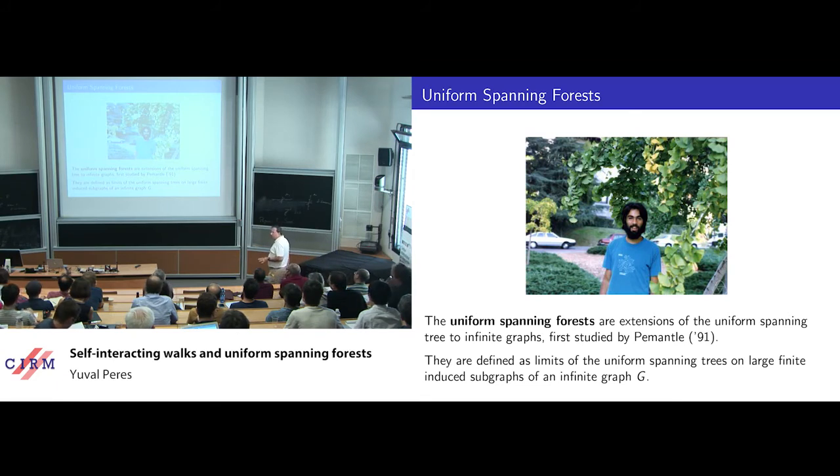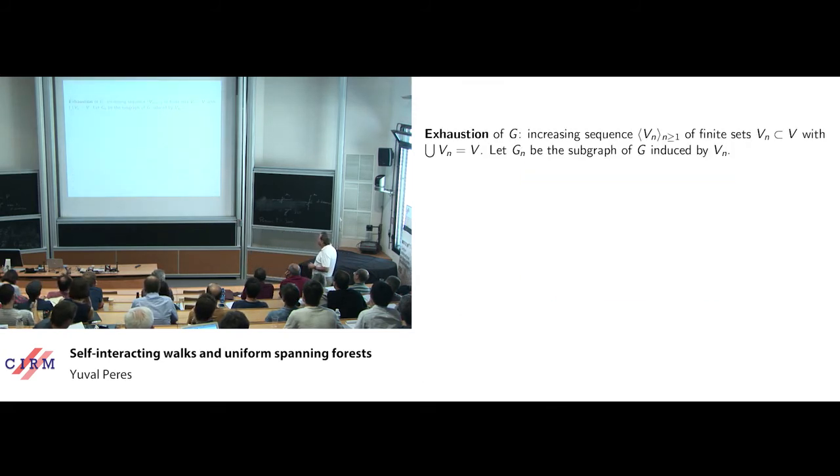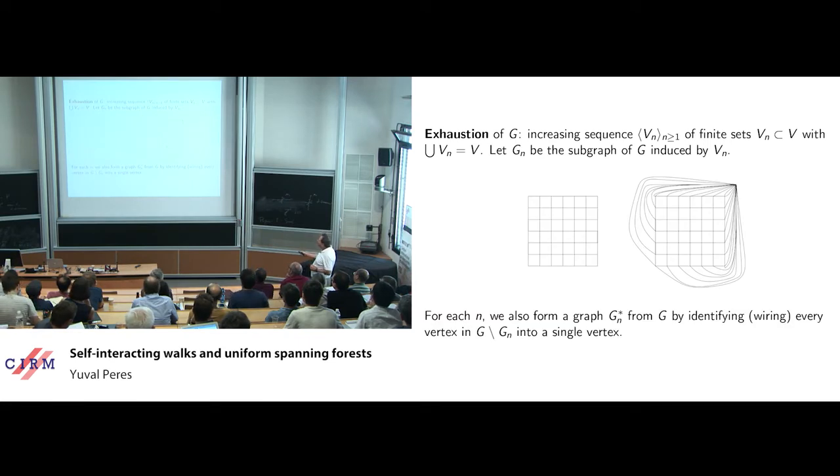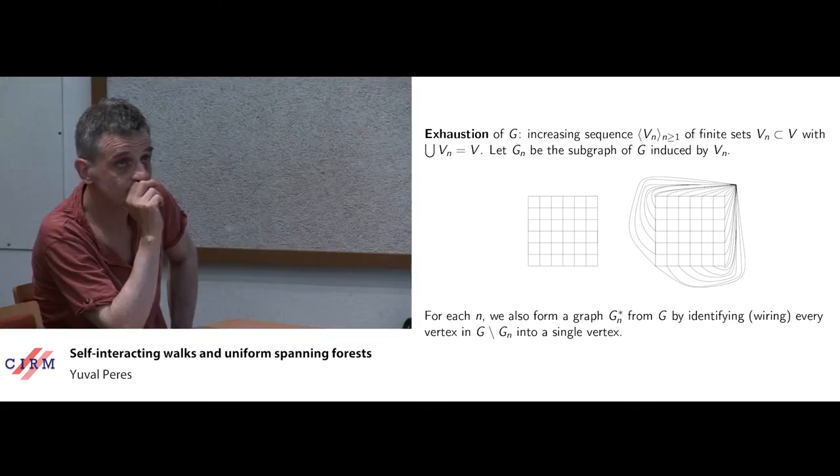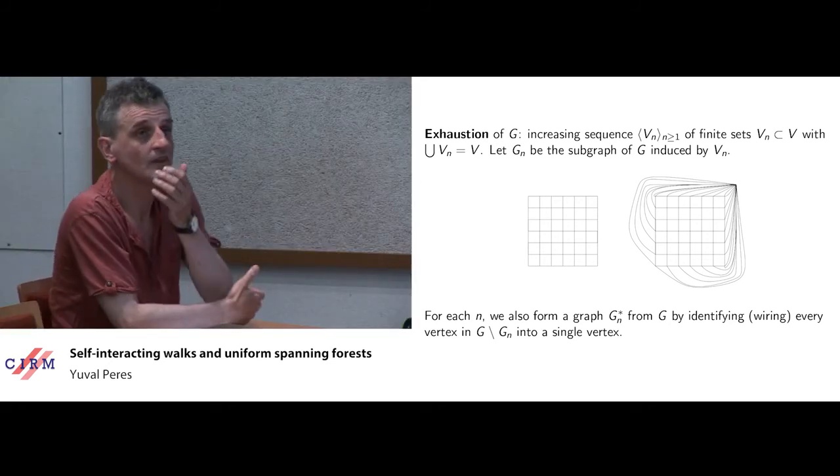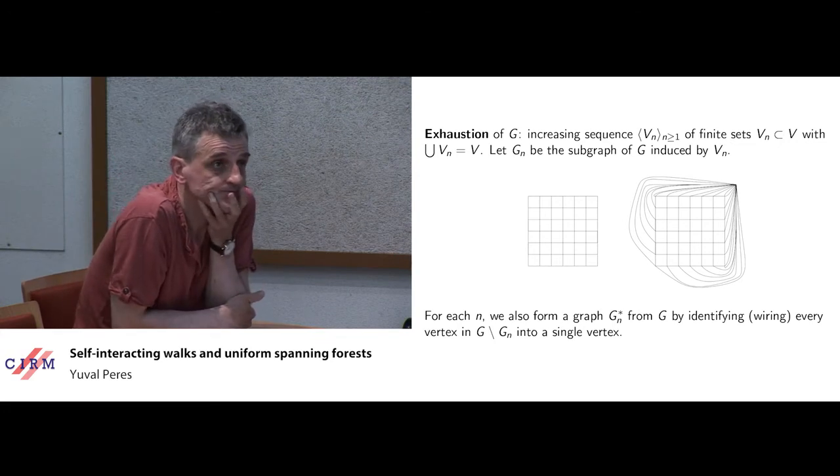If the initial graph is transient, which we will assume, then the spanning forest can be, okay, I'm jumping ahead. So you can do two constructions. What I told you is called the free spanning forest. There's a construction of the wired spanning forest where, outside the finite subgraph, you combine all the nodes into a single node.